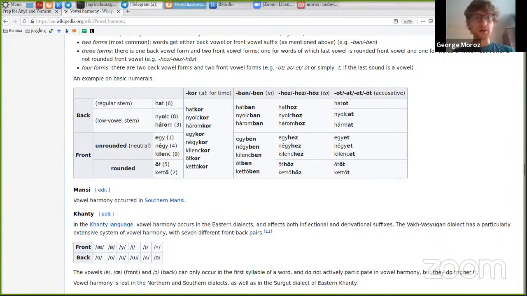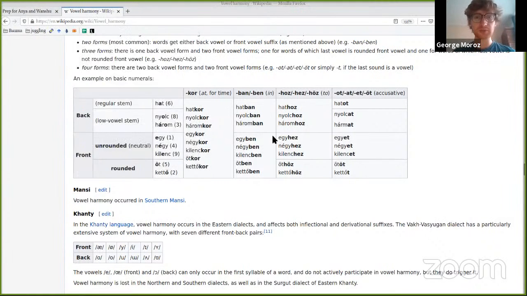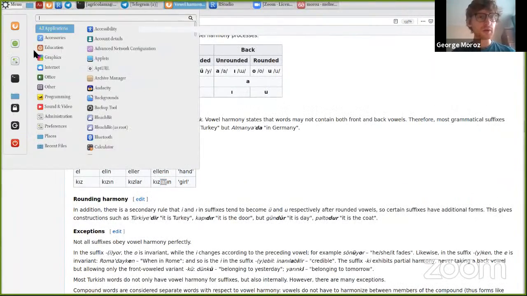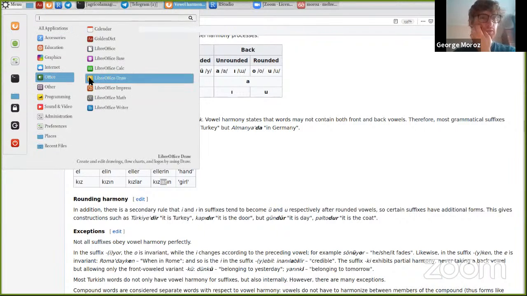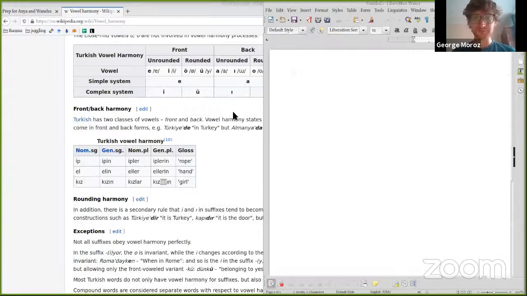There is a huge story about underspecification. So for instance, let's get back to this Turkic example. I think I will take this example over here. So it's possible to treat it like this.